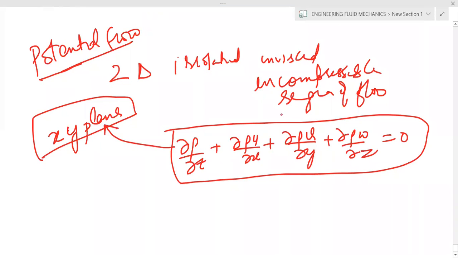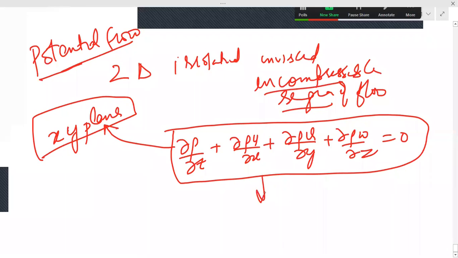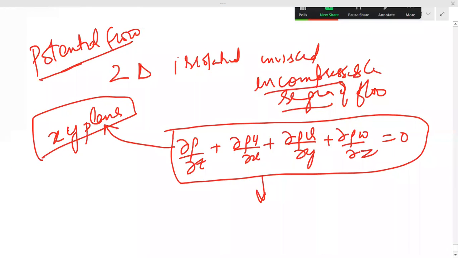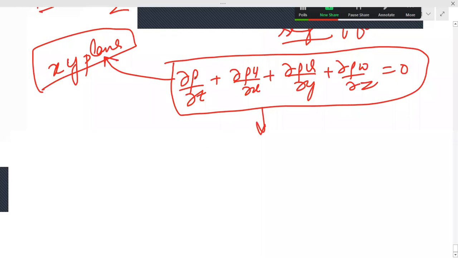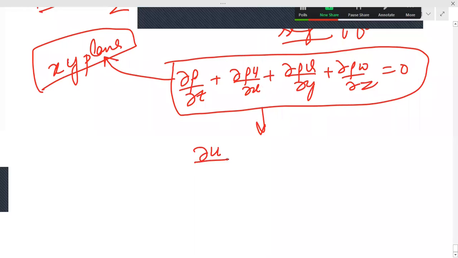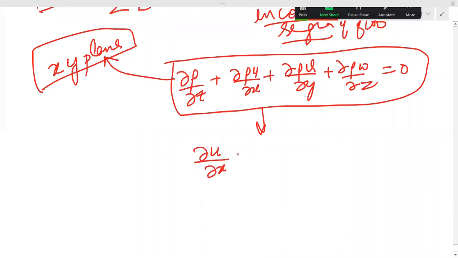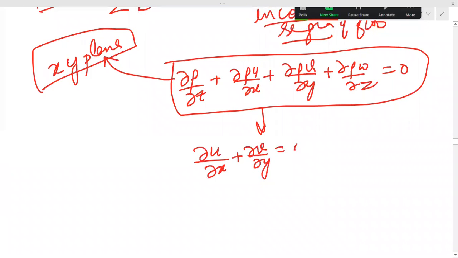What should this transform to? Ayush, what should this transform to? Sir, what do I have to convert? In the XY plane, curly u by curly x plus curly v by curly y is equal to 0. Is that clear?